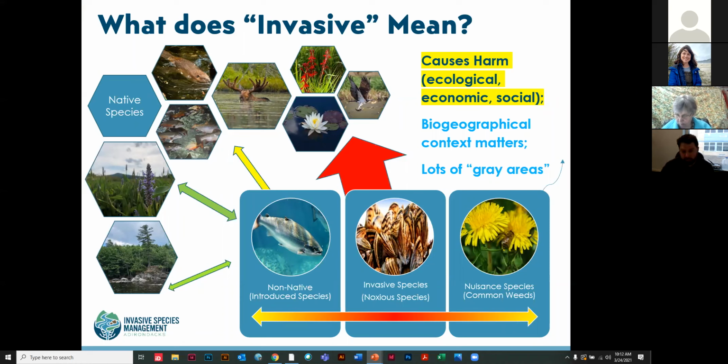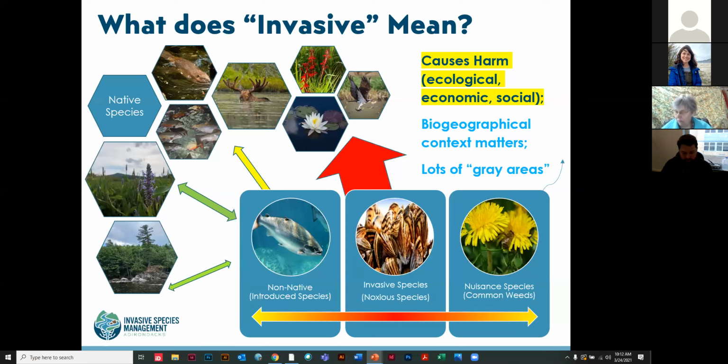Primarily, when we give a species, a plant, an animal, even a pathogen, the label invasive, it means it causes harm. So we have observed ecological damage, economic damage, or social damage caused by that organism. That is a relative term though, right?